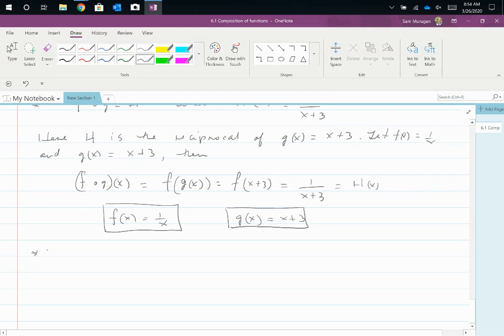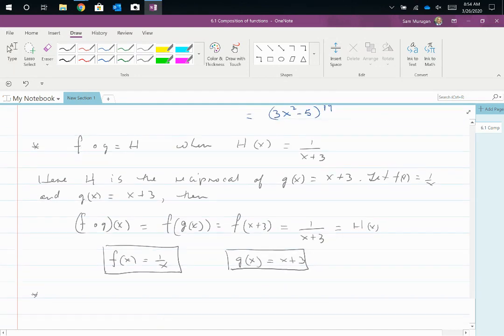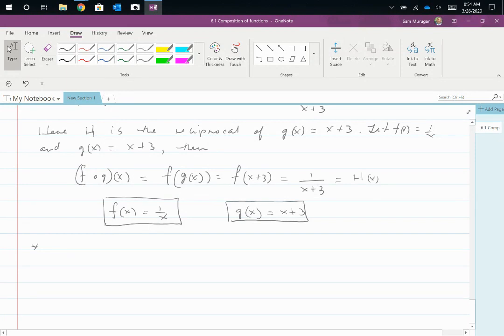One last example. So assume that f composed of g is equal to h of x. Here, we're told that h of x is equal to the square root of x squared plus 20.